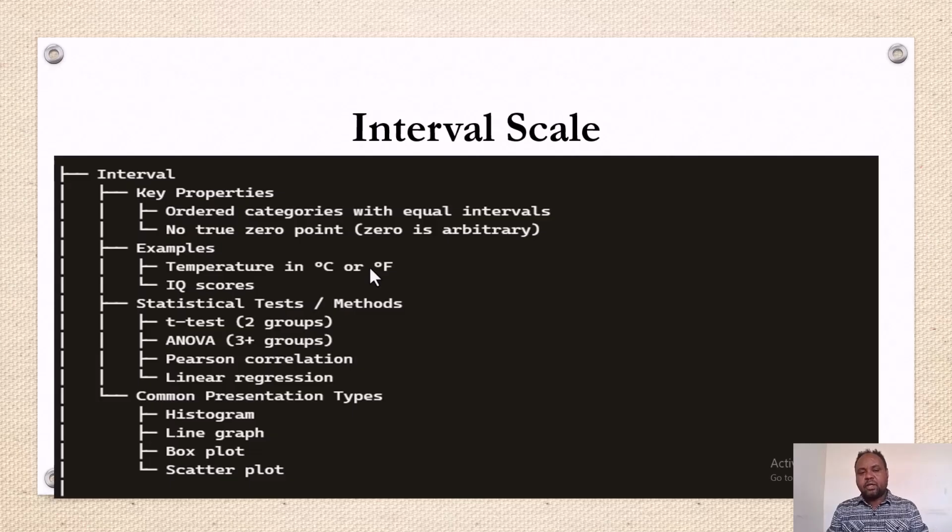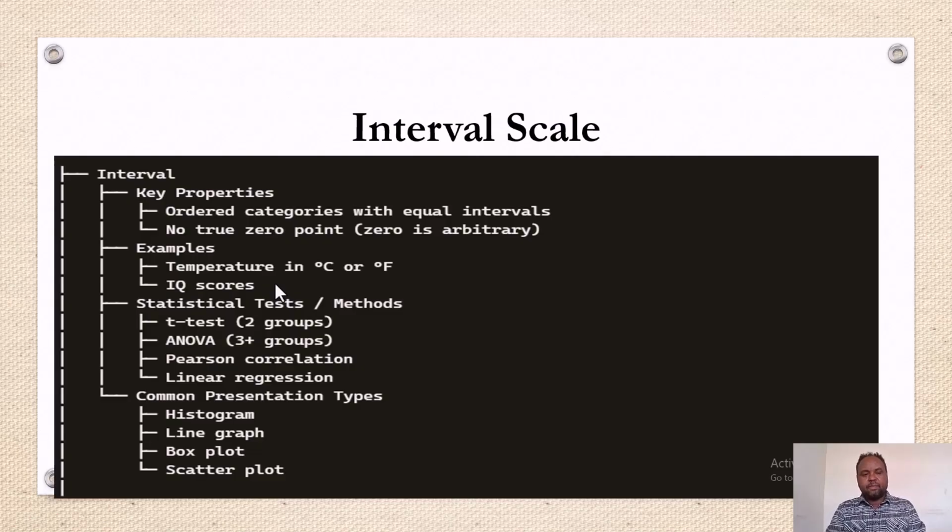If someone is examined for intelligence quotient scores out of 100, and if he scored, unfortunately, 0, that 0 doesn't mean that he knows nothing. So that 0 is not a real 0, it is arbitrary.